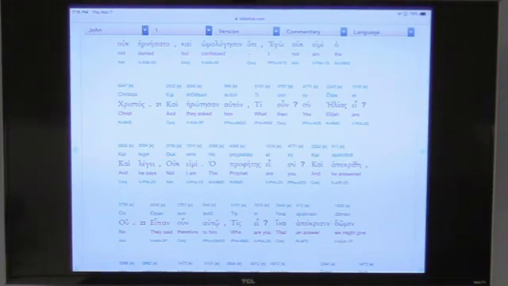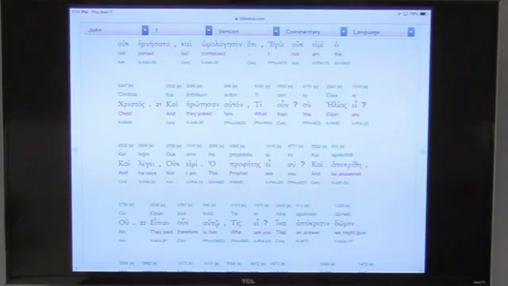So there are people who favor the Textus Receptus. The Textus Receptus is also called the majority view.